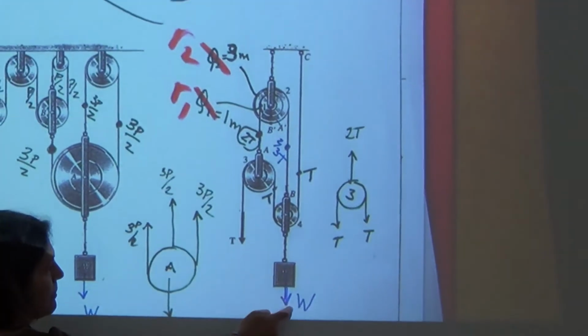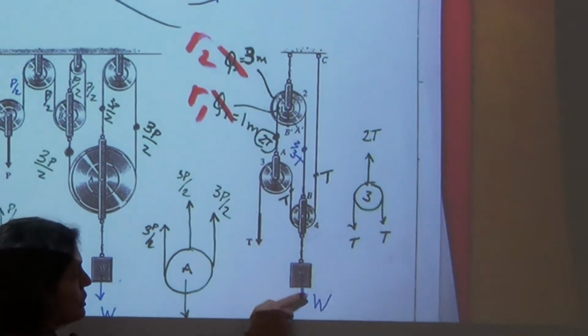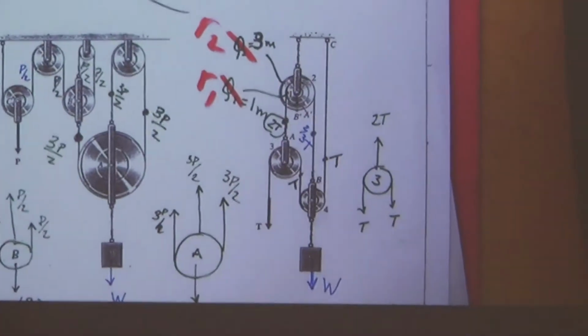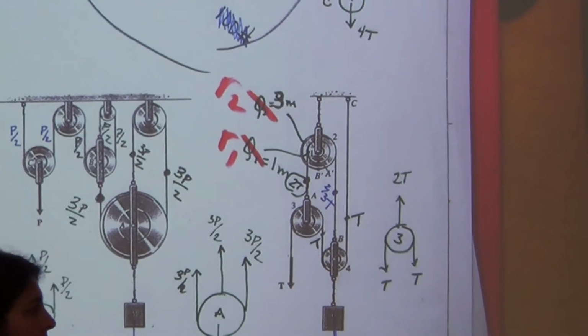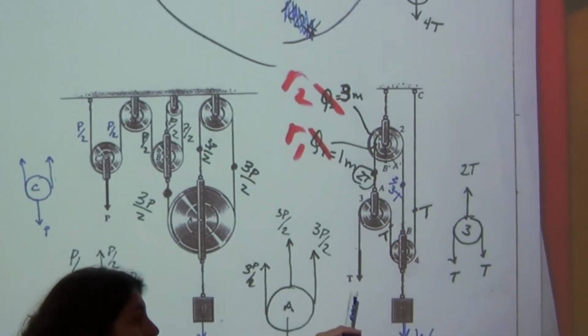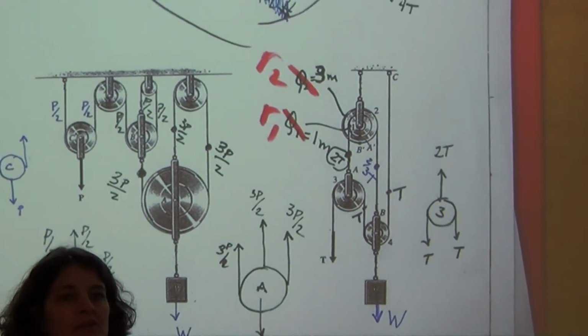Here's the weight that you're trying to pull up. You're trying to raise this, and this is where you are. Do you have a mechanical advantage? What's T equal to? 3/8 of the weight. Do you have a mechanical advantage by pulling here? Yeah, because even though this weight is whatever, you only have to pull 3/8 of it.